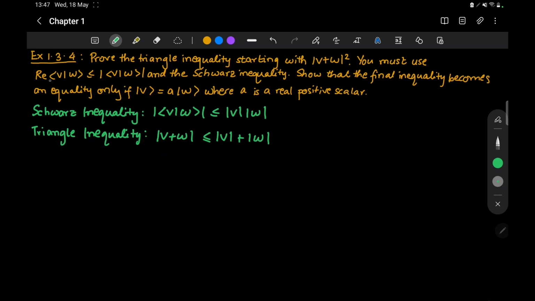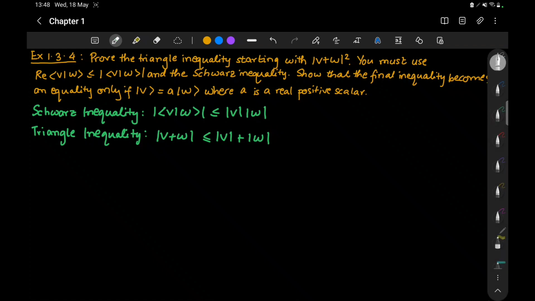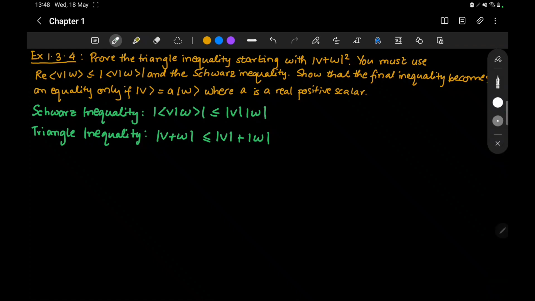This identity says that the real part of the inner product between the vectors v and w will be less than or equal to the magnitude of the inner product. So the real part is less than or equal to the magnitude of the inner product. So we are supposed to use these two identities in order to prove the triangle inequality. So let us start proving this inequality and solving this question.